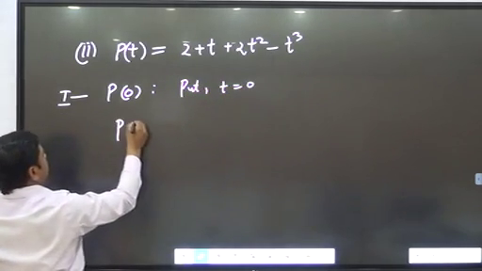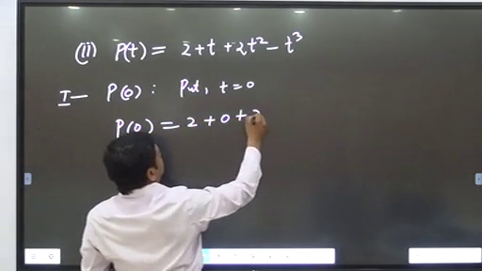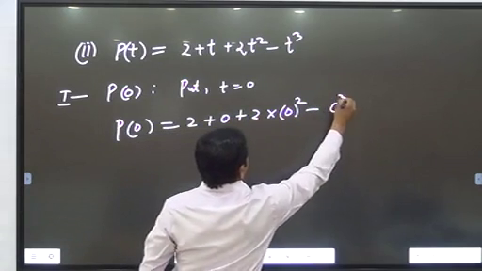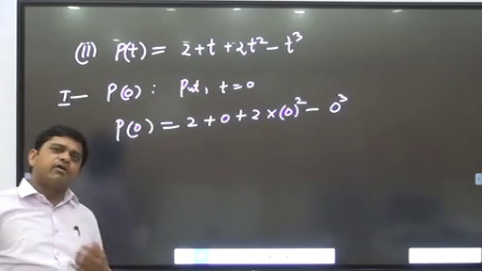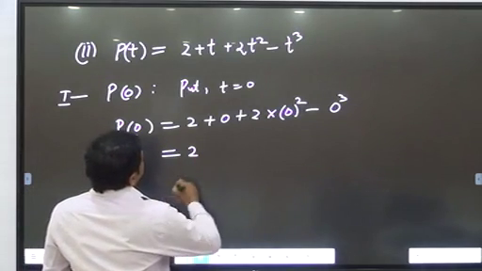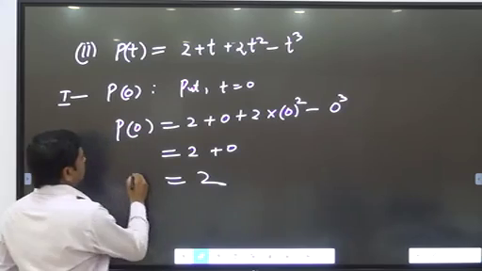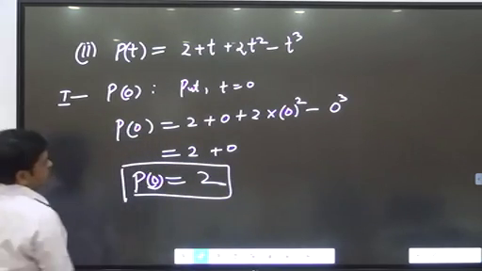So p(0) is equal to 2 plus 0 plus 2 into 0 square minus 0 cube. Square of 0, cube of 0, any power of 0 remains 0. So 2 plus 0 always 2, which means p(0) is equal to 2.